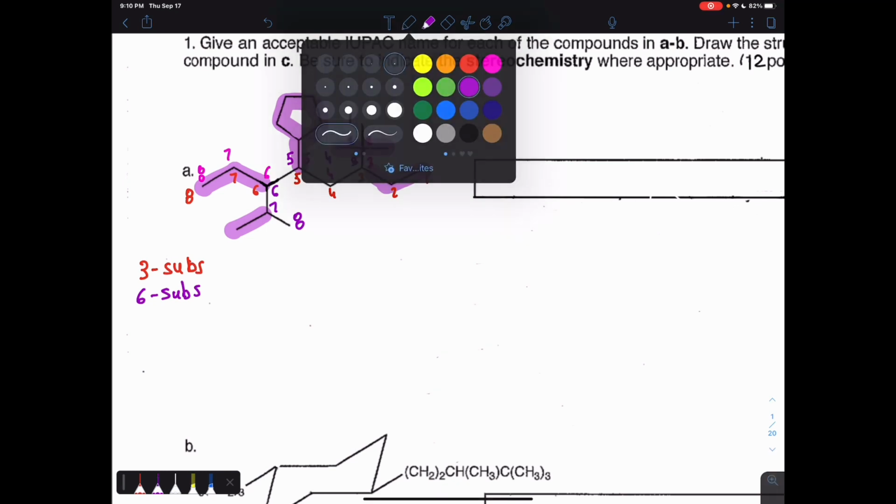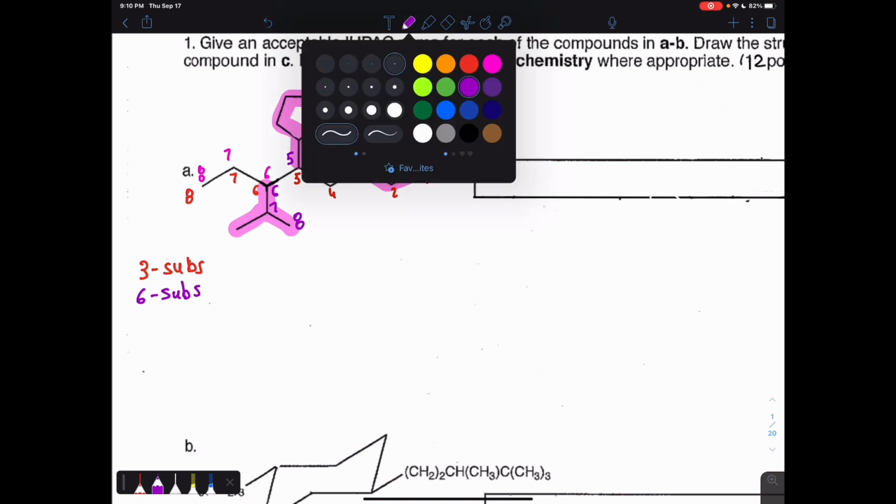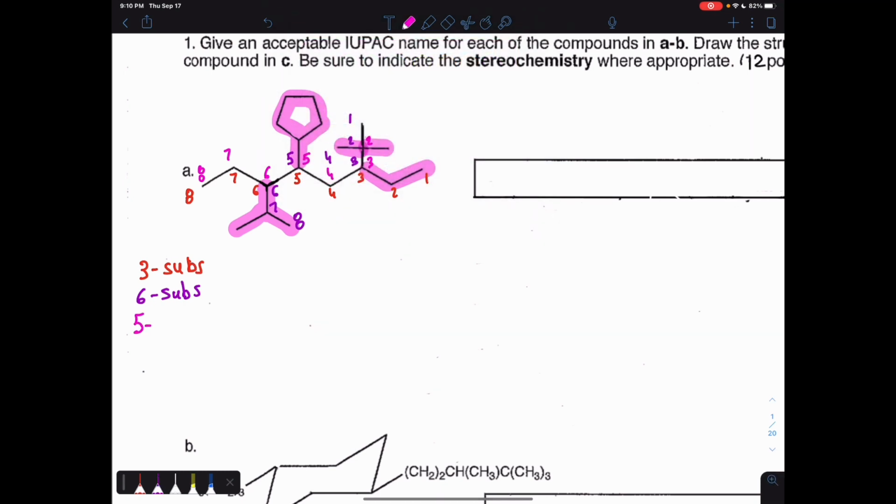And then the last thing we have to look at is the pink. Actually, let me just erase these really quick. Looking at the pink, we have 1, 2, 3, 4, and then 5 substituents. From that, we know that we have to choose the purple one because it has the highest amount of substituents.